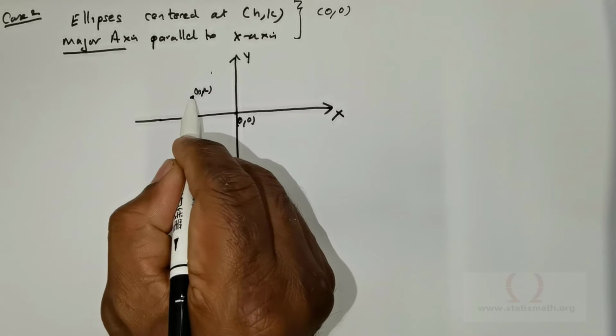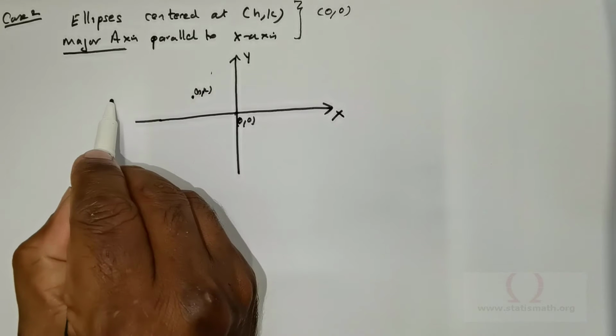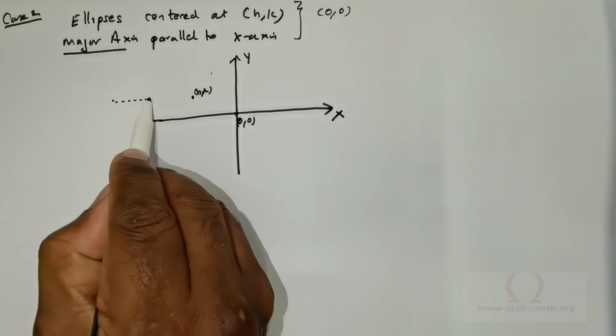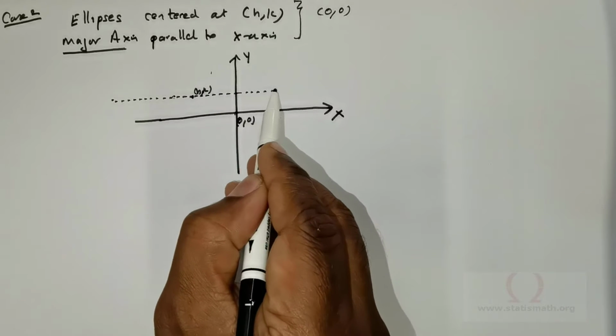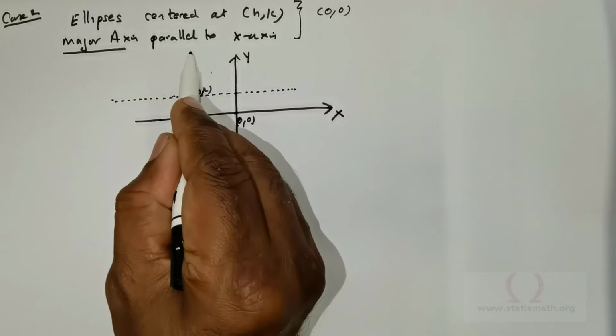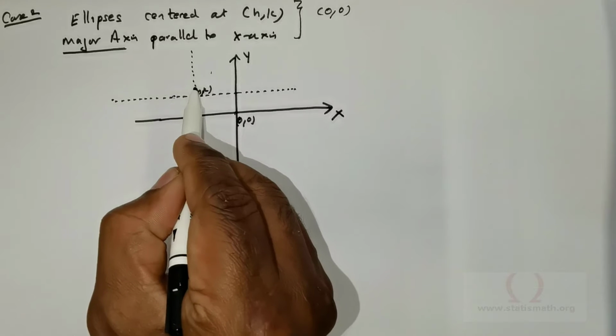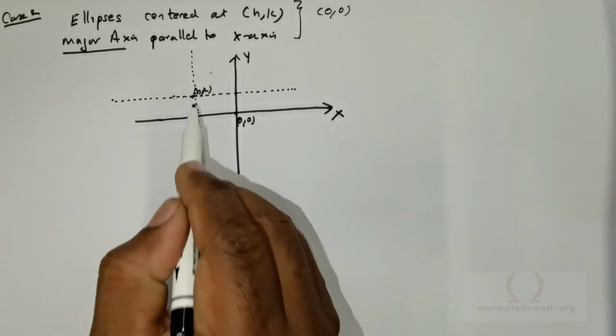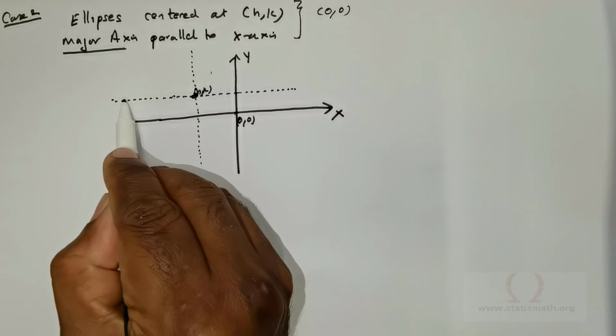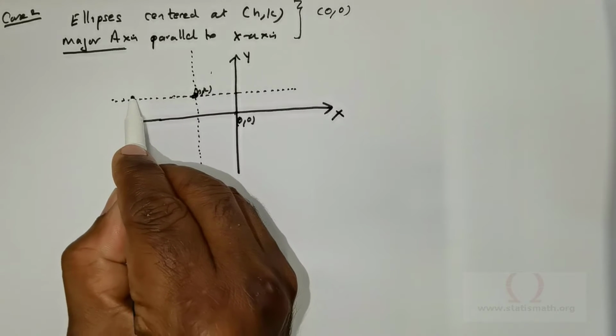If you take this as the center of the ellipse and draw the ellipse, it would be something like this. So this is the center point, and I'm drawing the ellipse with this as the center.